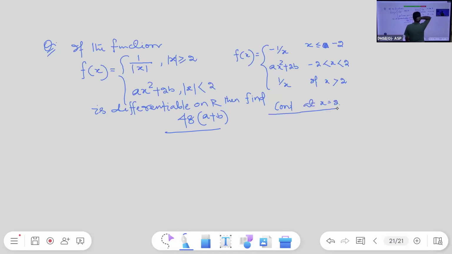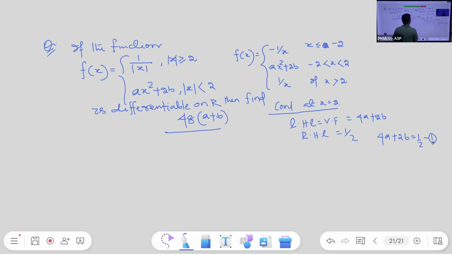The left hand limit will be 4a plus 2b, and the value of the function is equal to 4a plus 2b. The right hand limit is 1 over 2. So 4a plus 2b is equal to 1 over 2. This is one of the equations obtained involving a and b.